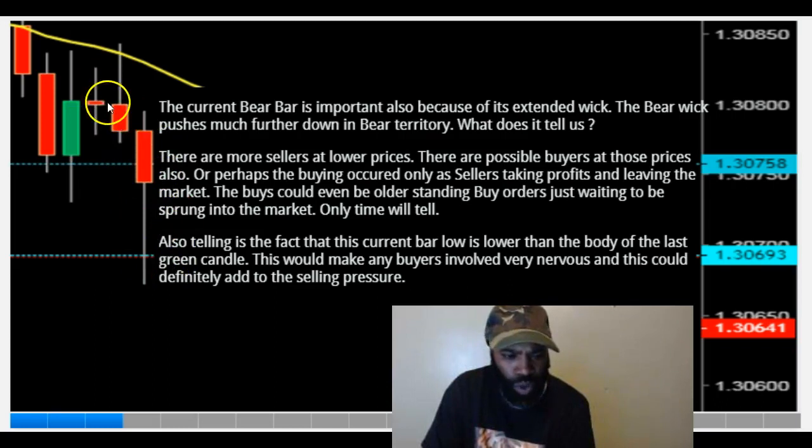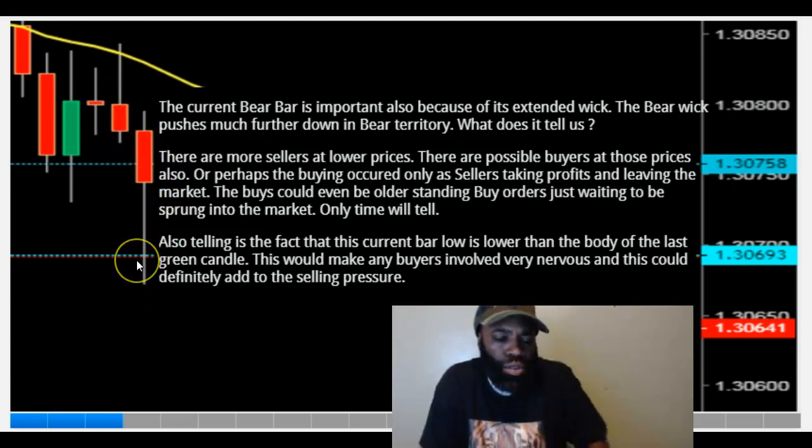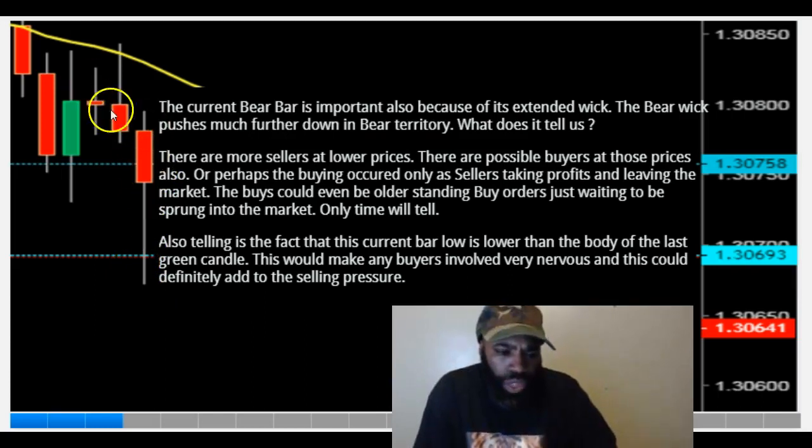You might call this one leg, and this one a second leg. So this is the whole extension. Usually, a lot of times the market moves with those two or three extensions, two legs. So it could be a lot of sellers left the market taking profits.